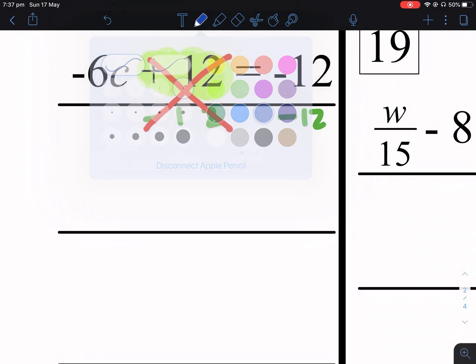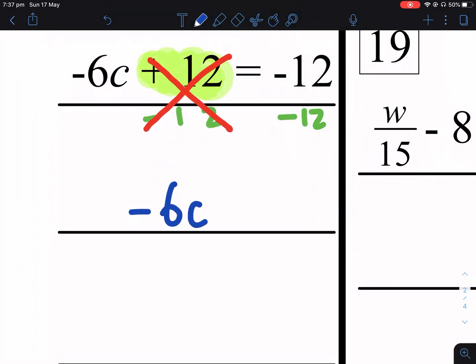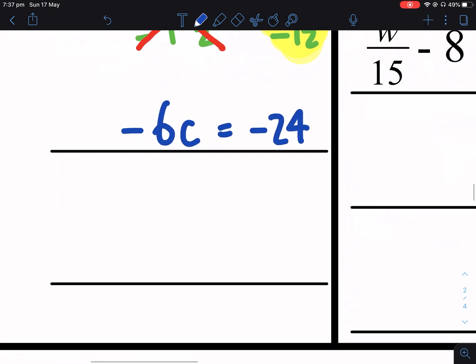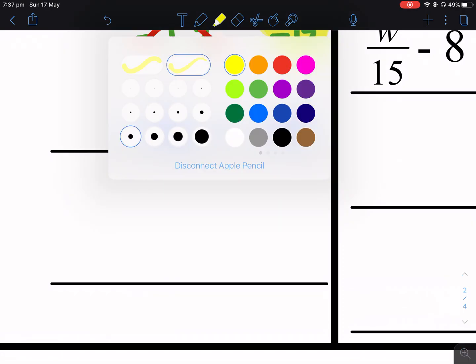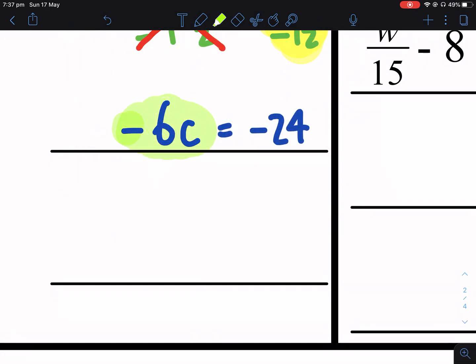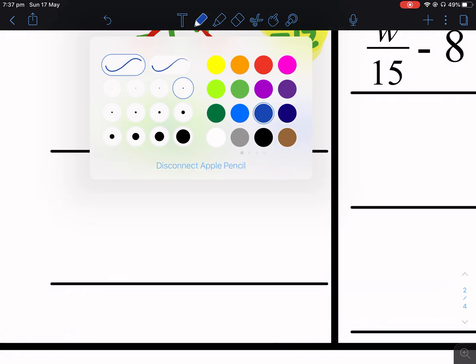That's left us with negative 6c equals minus 12 minus 12, negative 24. Now, you may think you have to plus 6. You don't. This negative 6c, this negative 6 is with the c. There's nothing in between it and the c. So that negative belongs with the 6, and that's been times by c.